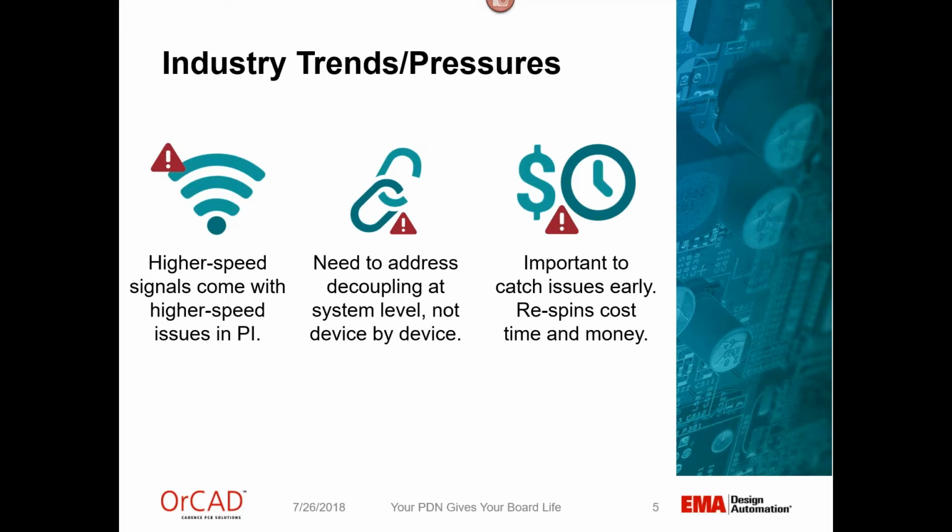And we can't approach these problems on a component by component level. We need to consider our board design at a systemic level so that we can catch these issues before we get to manufacturing. Ideally, we'll be able to minimize our power integrity issues and also save time and money.